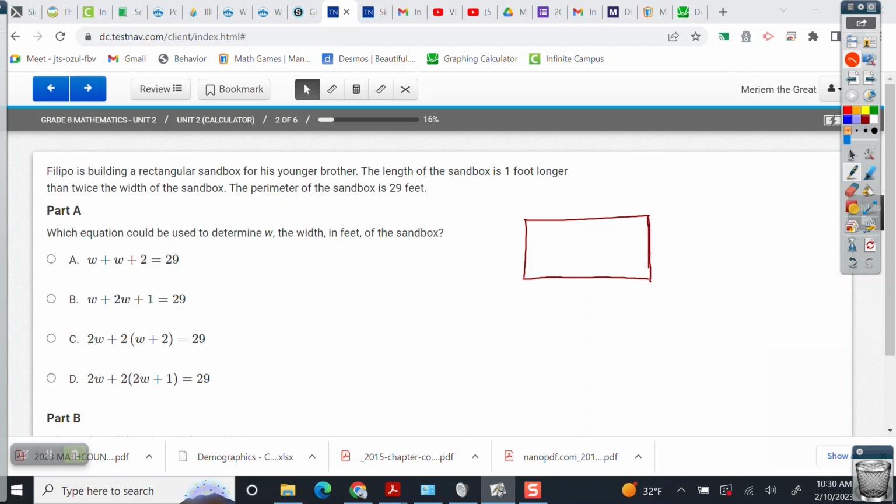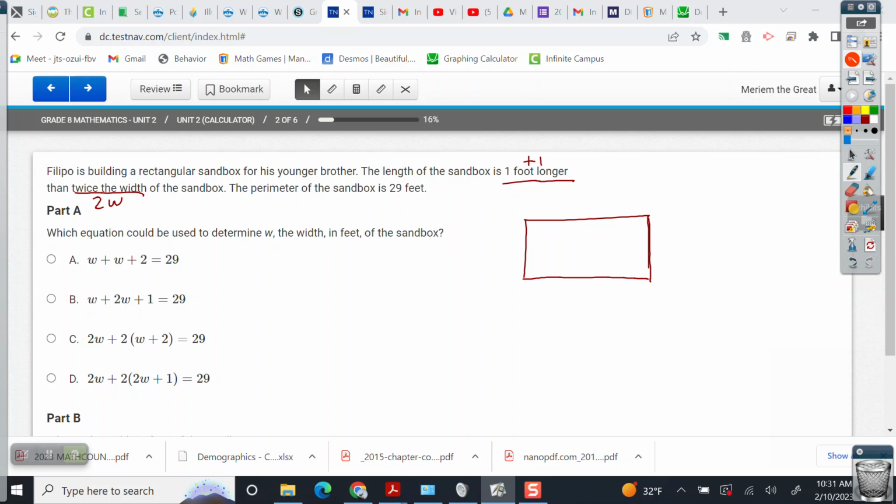So we're building a rectangular sandbox for his younger brother. The length of the sandbox is 1 foot longer. Now 1 foot longer means we're going to add 1. Then twice the width. Twice the width means 2W, or 2 times W, because if you're doubling something, you're multiplying it by 2. So what that means ultimately is this.